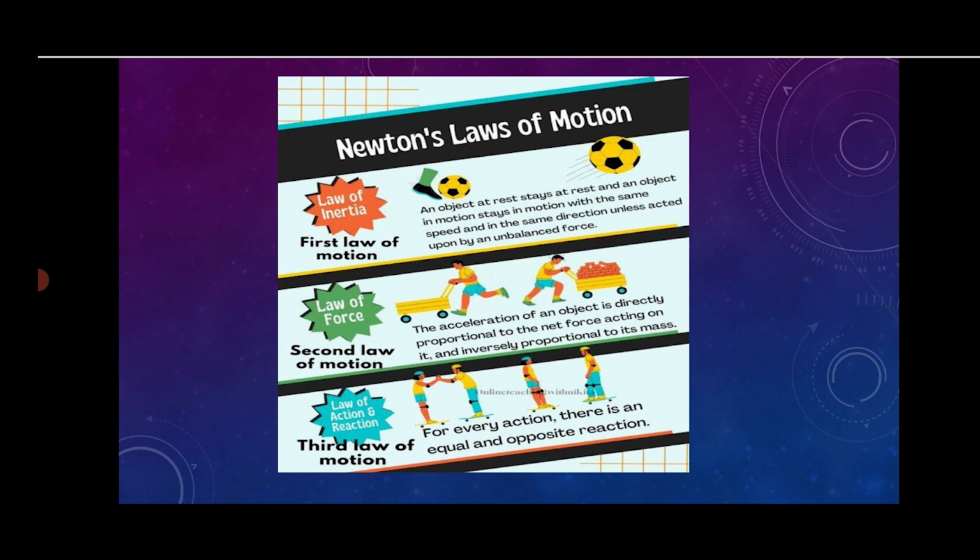The second law of motion is about momentum. The acceleration of an object is directly proportional to the net force acting on it and inversely proportional to its mass. The third law of motion is about action and reaction. For every action there is an equal and opposite reaction.